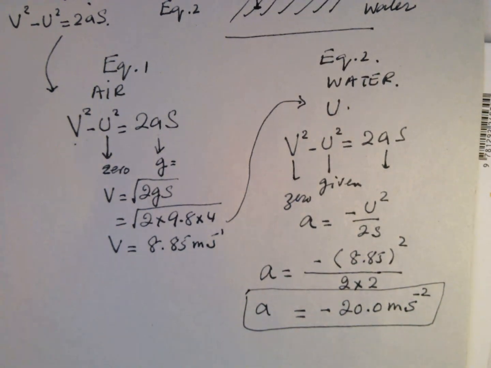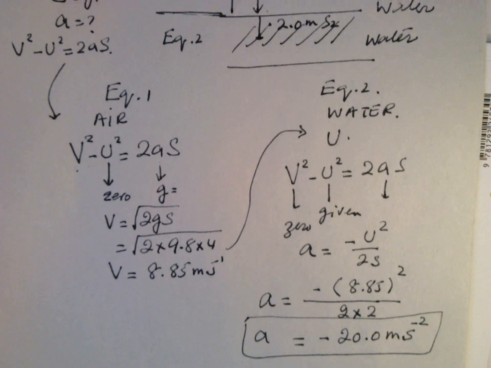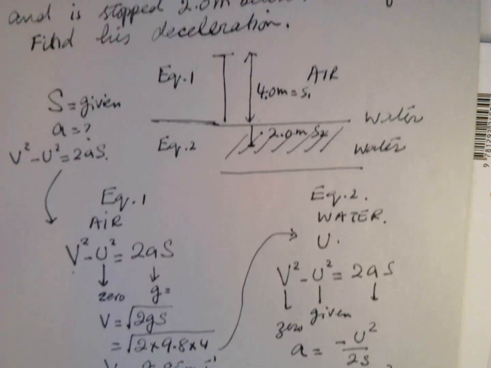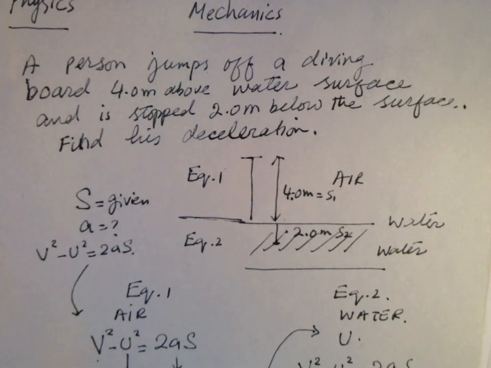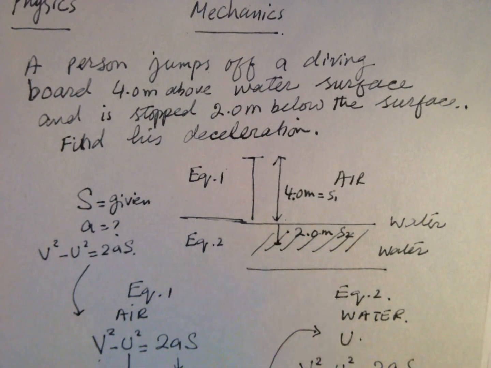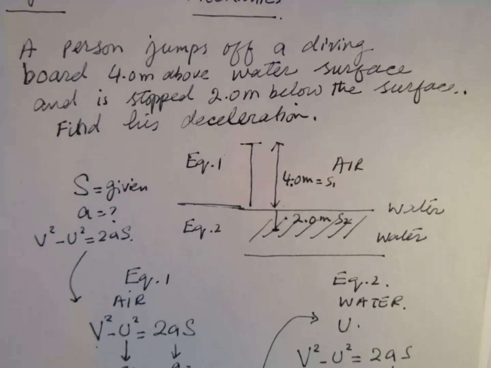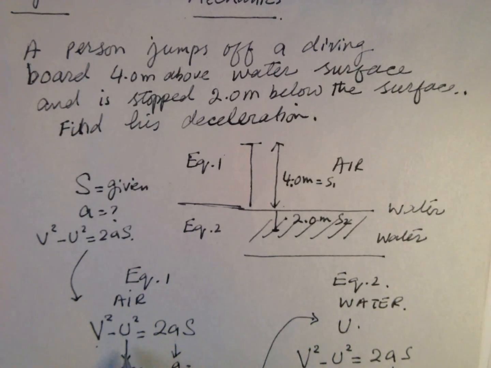So we have divided this question into two parts, and by two equations, you will be able to solve this question. It's easy to understand this as a two-part question. In the first part, we will use this equation, and initial velocity is 0.